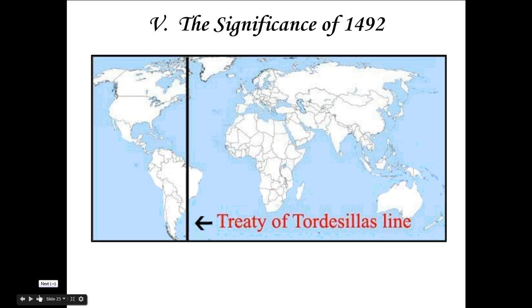The Pope is going to draw an arbitrary line. He really has no clue what he's doing. Draws an arbitrary line on a map, and purely by chance happens to give most of these discoveries to the Spanish. Everything to the west of the line was given to Spain, everything to the east to Portugal.